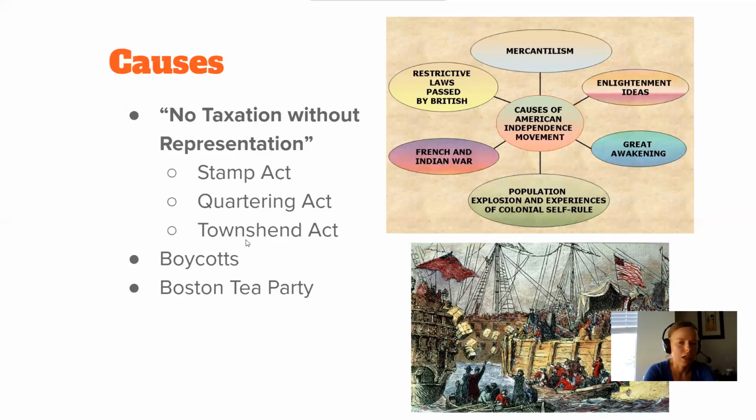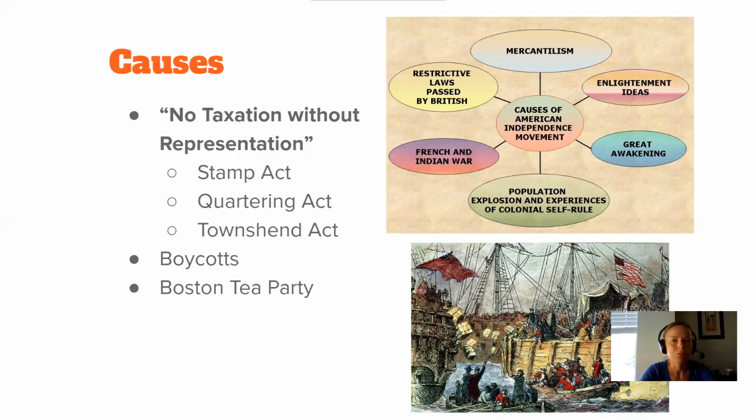So they're going to boycott all of this porcelain and glass and lead and paper and paint and tea. And they send out committees of correspondence to encourage the other colonies to unify in their boycotts as well. And a boycott is where you refuse to buy something because you're trying to protest it.